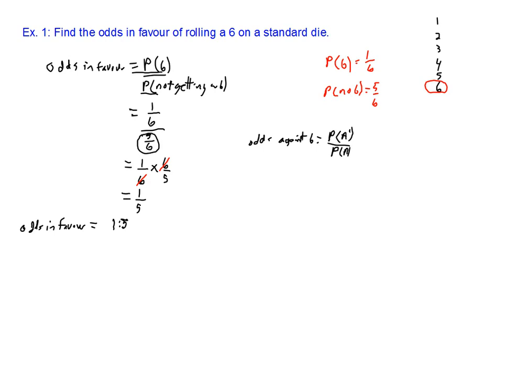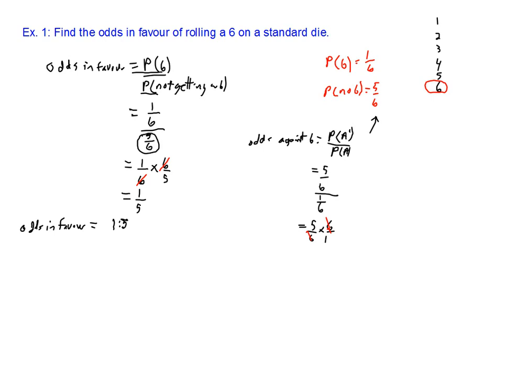Well, we already have these values calculated just up here. So the probability of A complement was 5/6, and we divide that by 1/6, and we get, again, we're going to multiply by the reciprocal, so we get 5/6 times 6/1, and here's that simplification that we can do again by reducing before we multiply. You could always reduce after you multiply. I just see this as an opportunity here for us to simplify right here. And we get a result of 5/1.